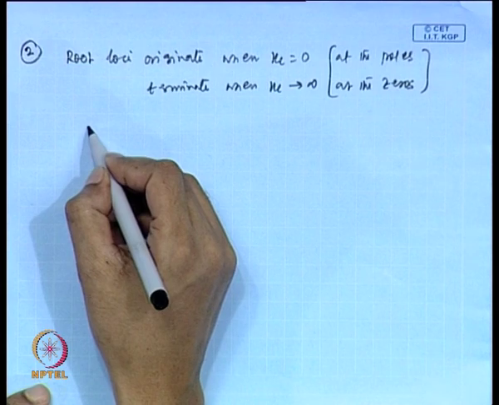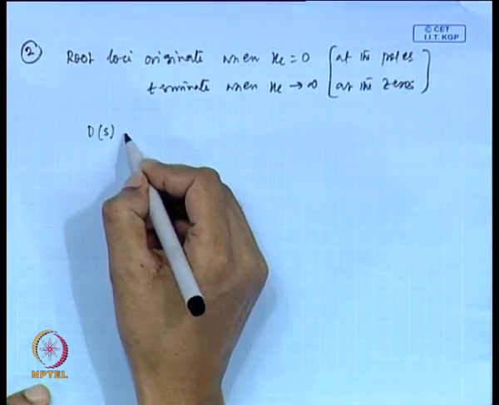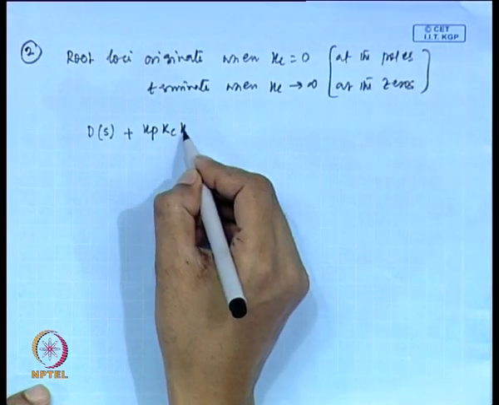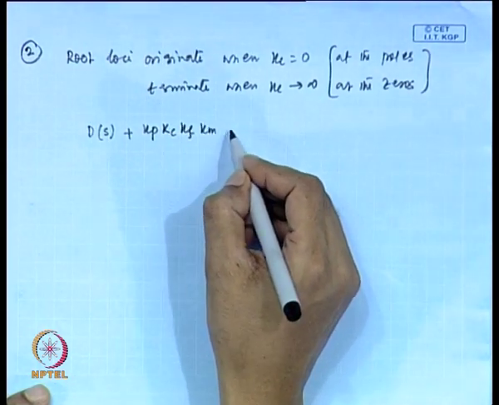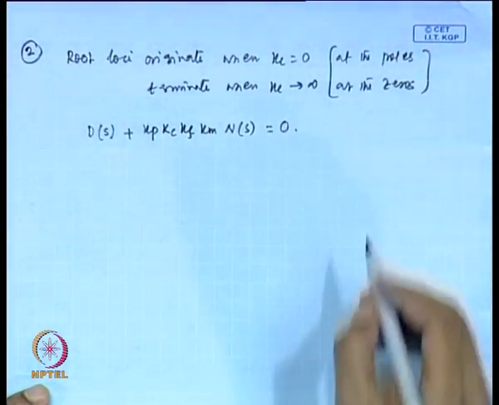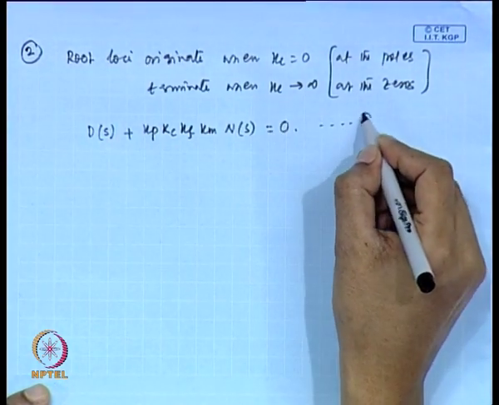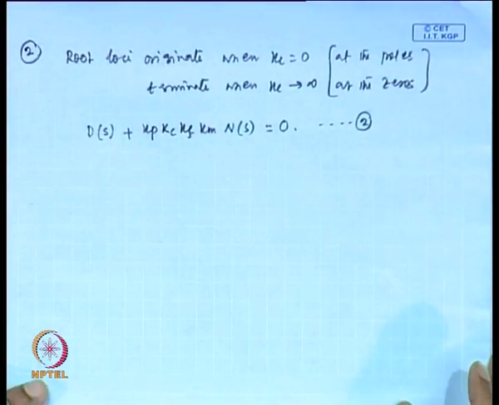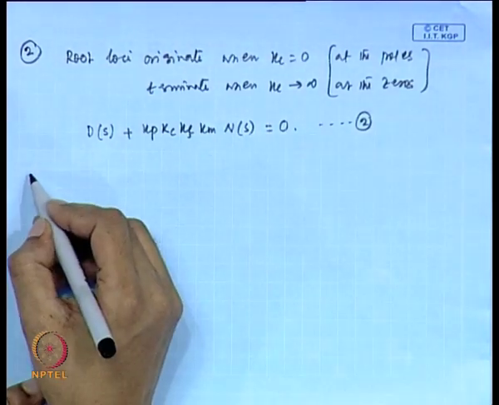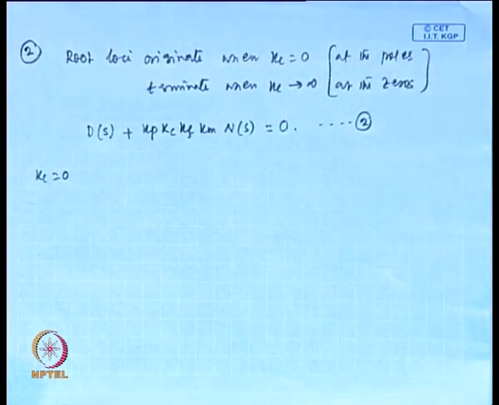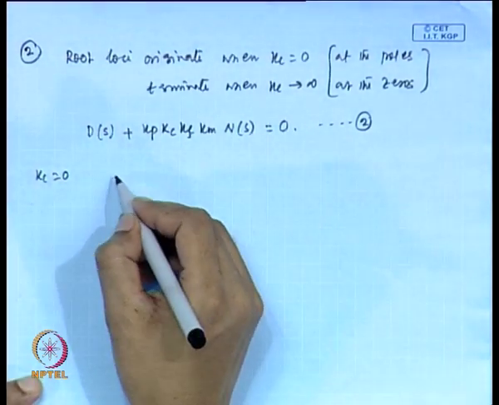Now, we got the characteristics equation as Ds plus Kp Kc Kf Km Ns equals 0, which we got in the last slide as equation 2. First we will consider Kc equal to 0.